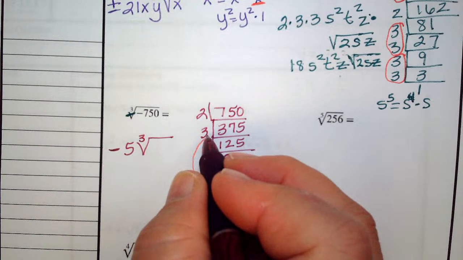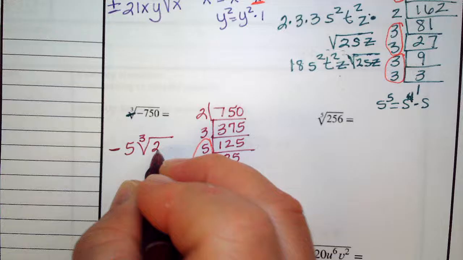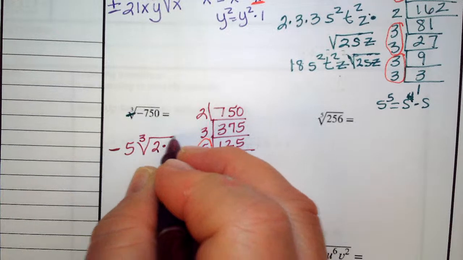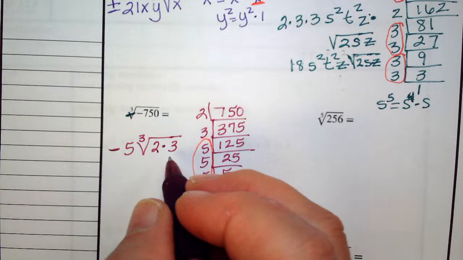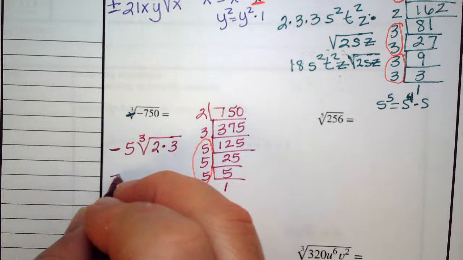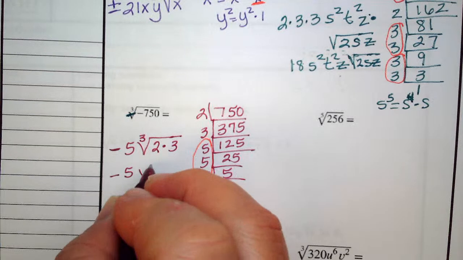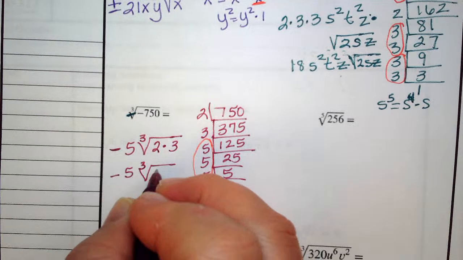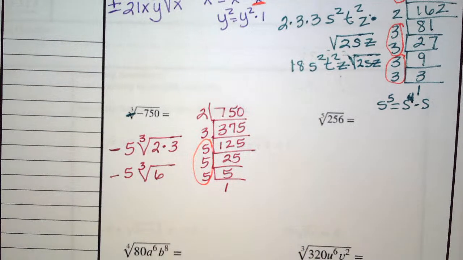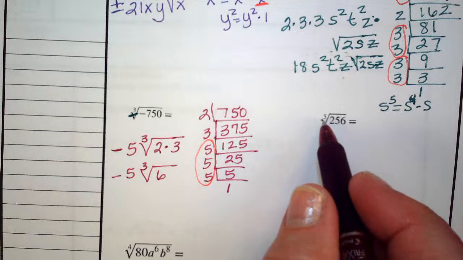I've got 2 and 3 left underneath. 2 times 3. If it's underneath, you multiply them back together. So this is negative 5, the cubed root of 6. And we're done. For the next one, we're looking for the 5th root.